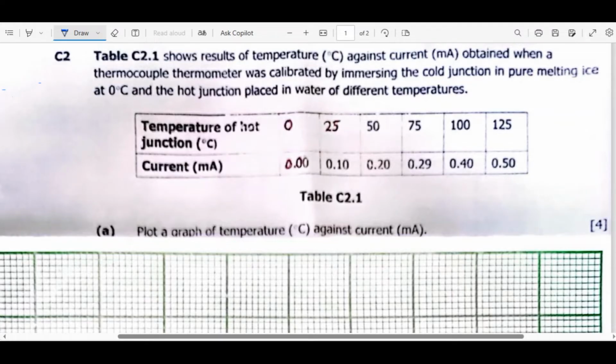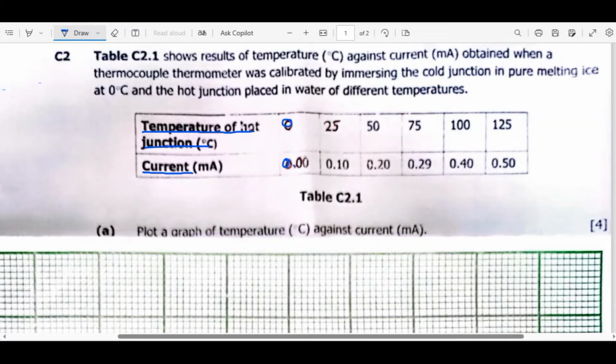So the first row is showing us the temperature of the hot water junction. Then the second row is showing us the current in milliamps. When the temperature was at 0, the current was at 0.00.